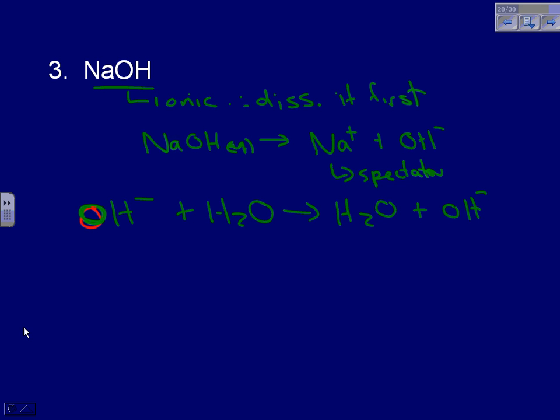That means in the end, we have this stuff. Therefore, what's the solution? Basic. Now, you might think, well, that was dumb. We knew it was basic in the beginning. But we needed to explain it in terms of the Bronsted-Lowry theory. Again, we can assign all of our important labels here. This is the base. This is the acid.